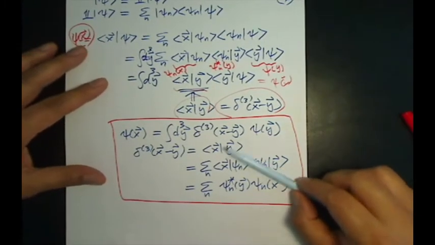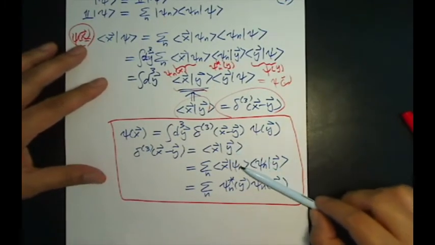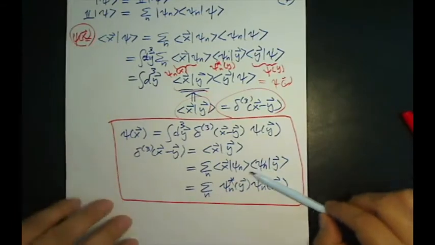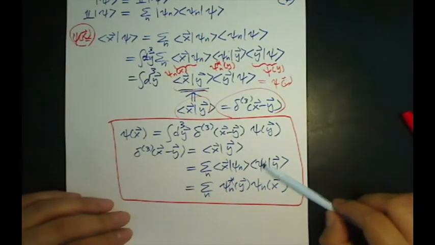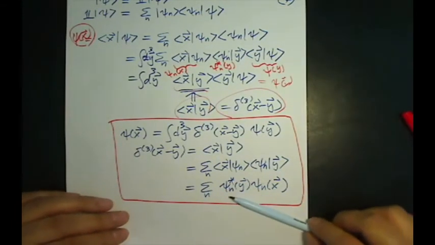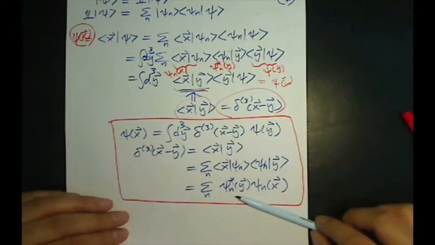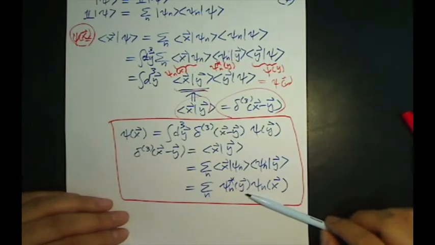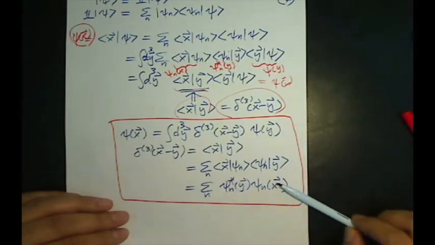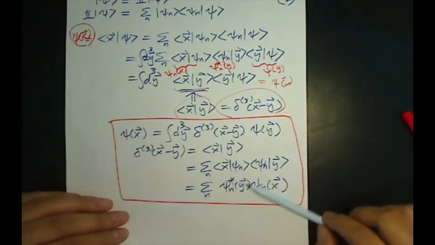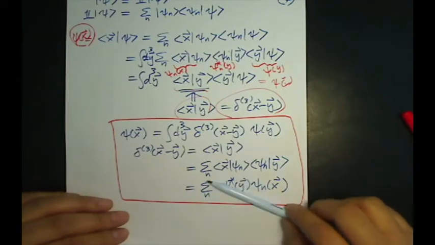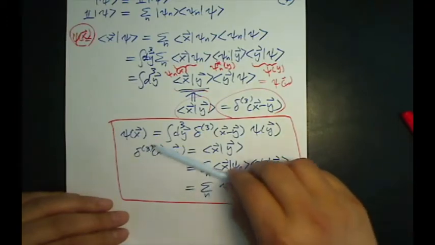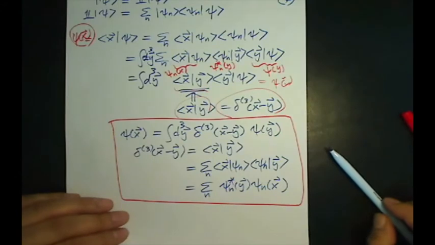Again, we insert the identity operator in here. By summing the direct product of the eigenkets, we find that the product of eigenkets for a given eigenstate with different coordinates, one normal and the other complex conjugate, summed over all possible states, will always give the Dirac delta function.